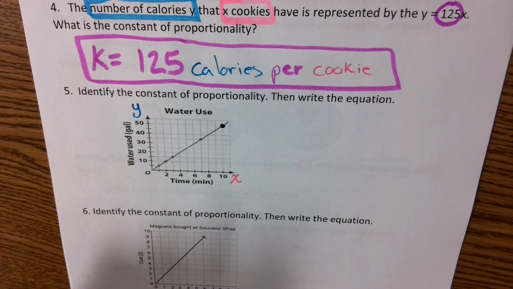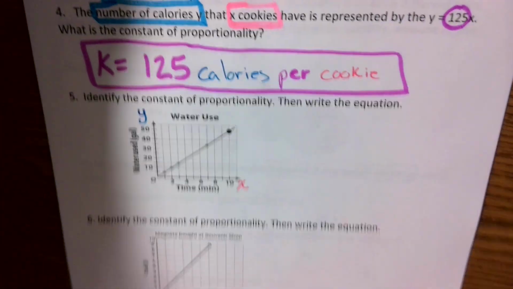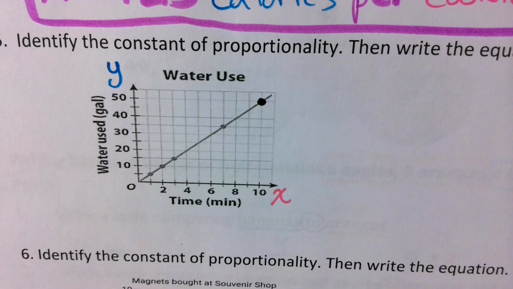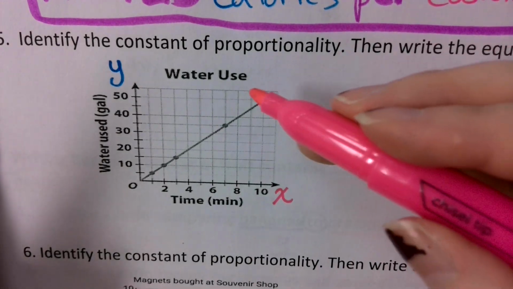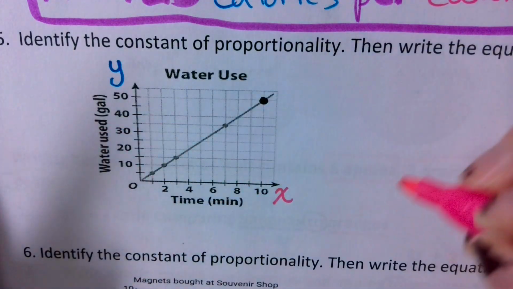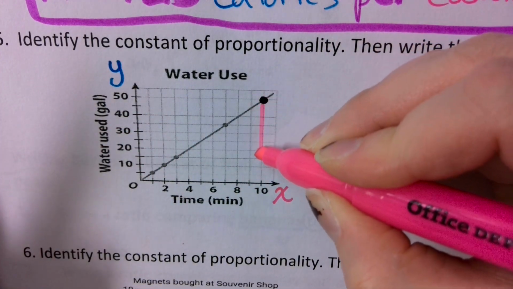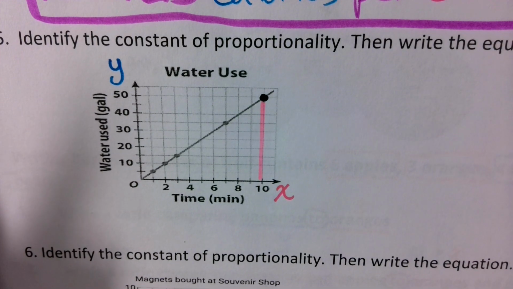Okay, I want to do that because when I'm looking at this point, it tells me exactly what the value of my y is and what the value of my x is if I follow it down and to the side. So if I start at my point and I follow it all the way down, what is the value of my x? 10.